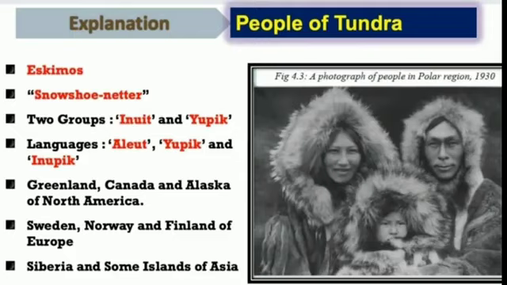This harsh cold land is the home of the Eskimos. They live in scattered settlements in Greenland, Canada, Alaska and Siberia. They lived by hunting and fishing, and they developed a way of life well suited to their homeland.